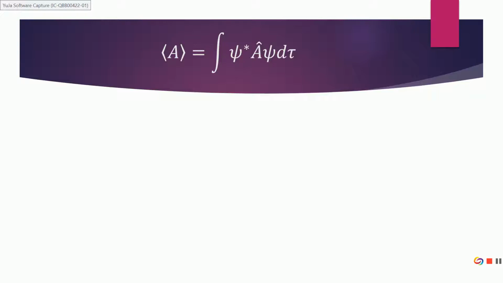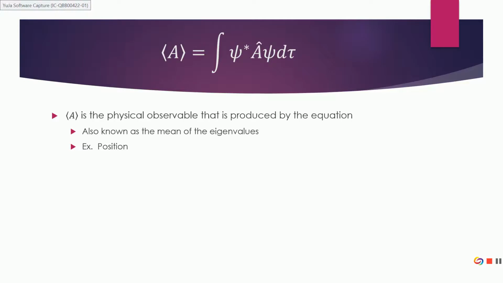So that's just a lot of words. The A in this equation, which I have as capital A rather than alpha, but I believe they're the same thing, is the physical observable that is produced by the equation. As we talked about before, it's either position or energy or whatever you're looking for. It's the mean of all of the eigenvalues.